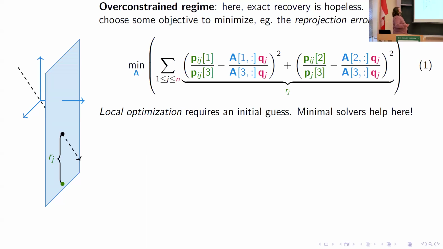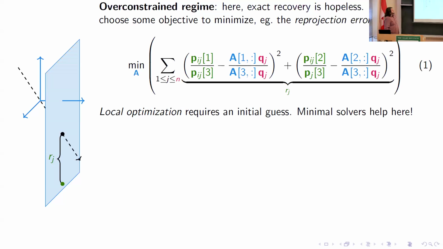All the reprojection error does is it says, for each putative match between a 3D point and a 2D point, what's the closest I can get in the 2D Euclidean metric on R2 from the projection under A of Q to P.